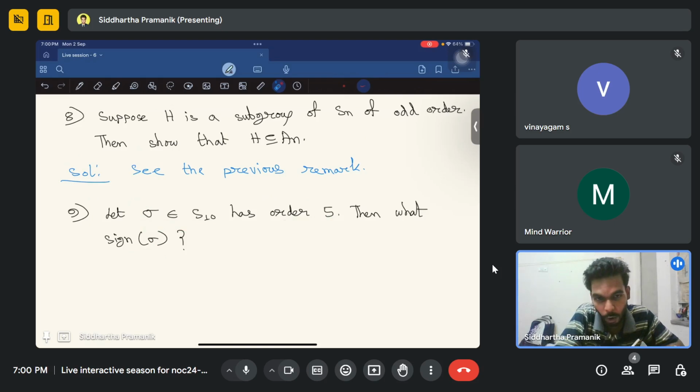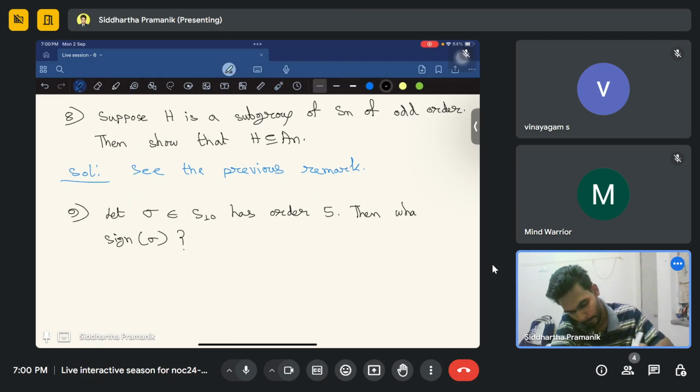Means sigma is odd or sigma is even. Can you conclude this? Just try for a few moments. Do you have any guess?